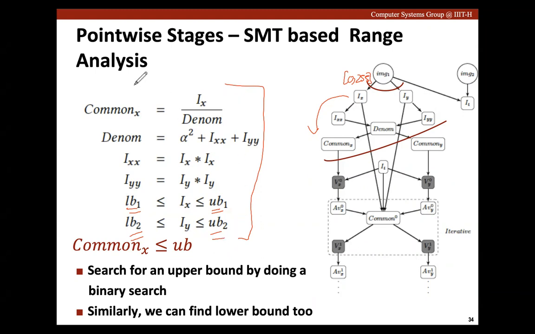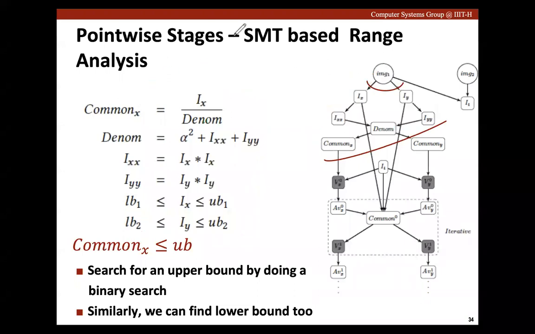The SMT solver that we use is called the Z3 solver. It is from Microsoft Research. It's a very good solver. That solver will tell us whether the system is solvable or not. And if it is solvable, then we adjust our upper bound or lower bound, and continue our search process.